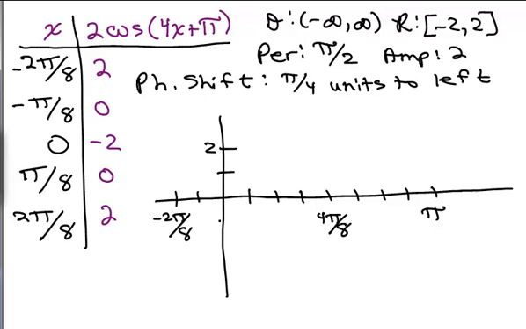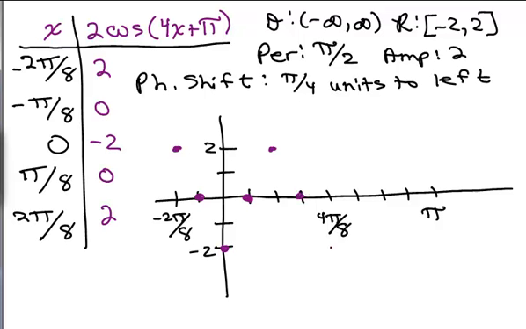So let's say there's 2. There's negative 2. So we have starting up here. And then negative pi over 8, 0. So that's just right here. We have 0, negative 2. Pi over 8, 0. And 2 pi over 8 up at 2. And there it is. That's one full cycle.